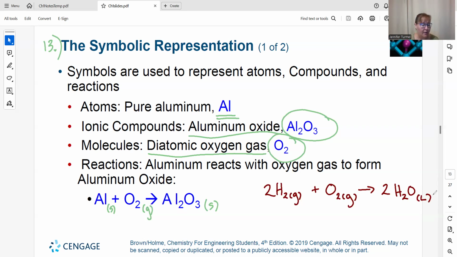And that's another option for this. So then the words for this would be hydrogen gas plus oxygen gas forms water.